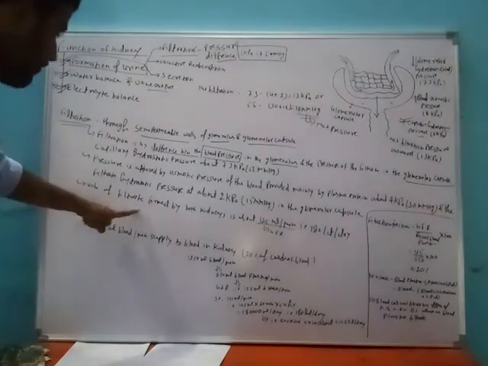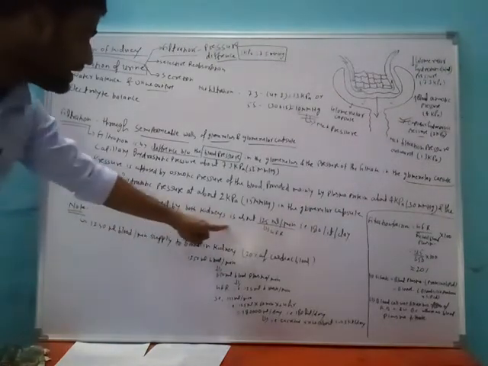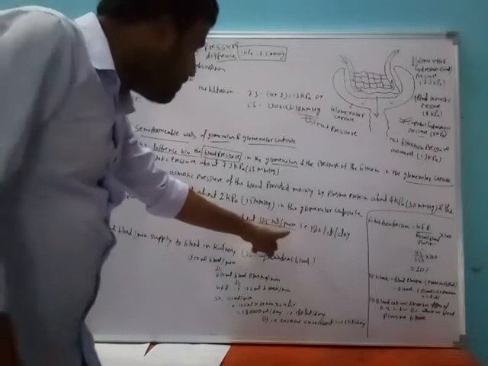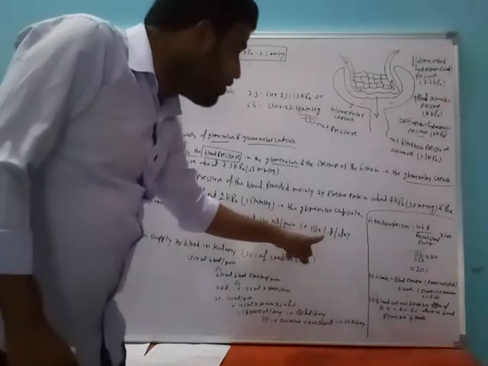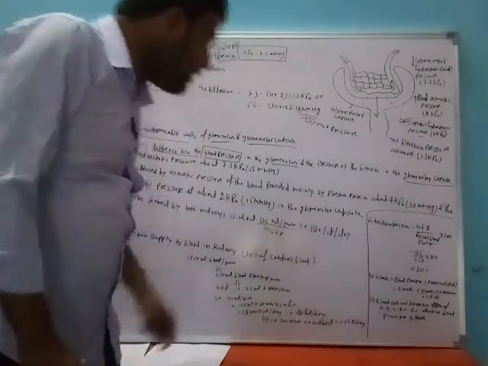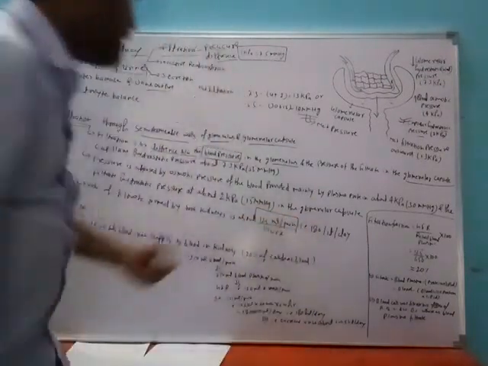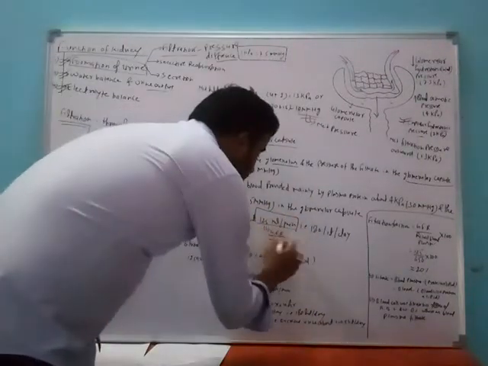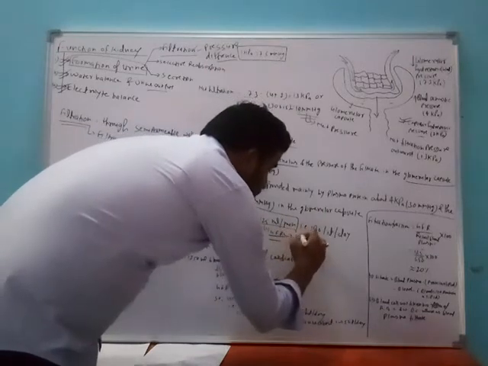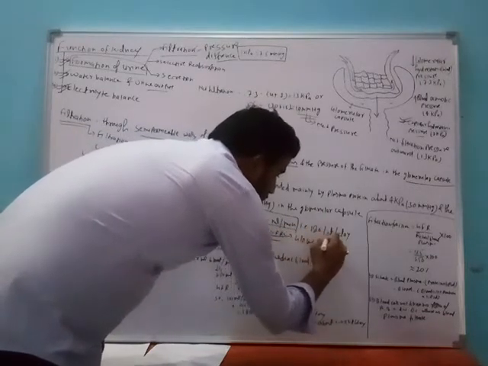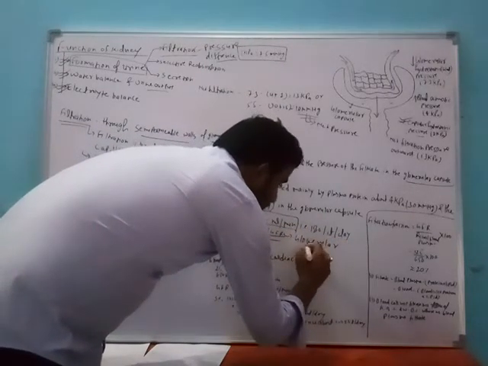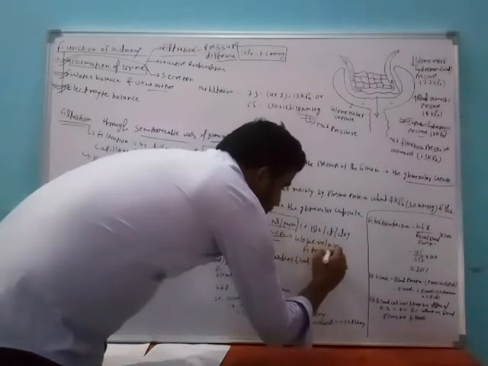The volume of filtrate formed by both kidneys is 125 ml per minute, that is 180 liter per day. This 125 ml per minute is known as GFR, glomerular filtration rate.